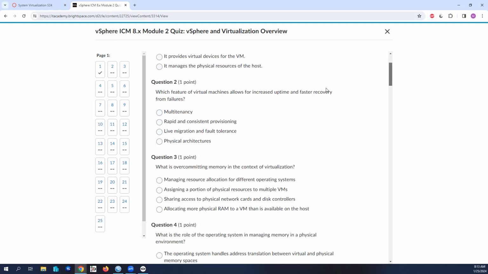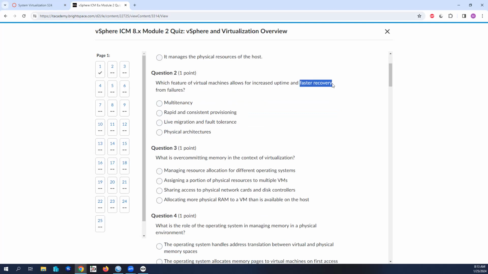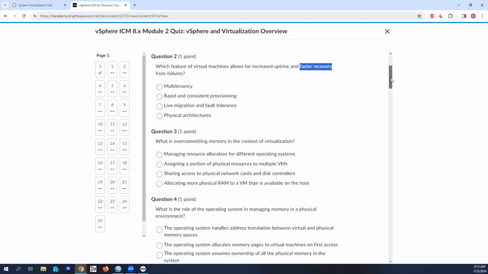So you could probably search for faster recovery. Find question number 2 on my screen. So we'll read that. Which feature of virtual machines allows for increased uptime and faster recovery from failures?